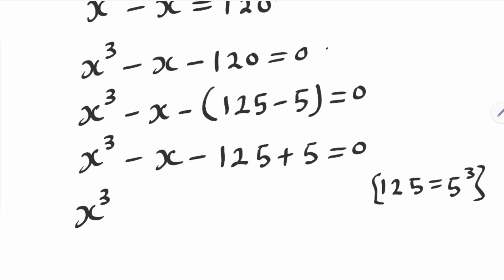So s raised to power 3 minus s minus 5 raised to power 3 plus 5 is equal to 0.